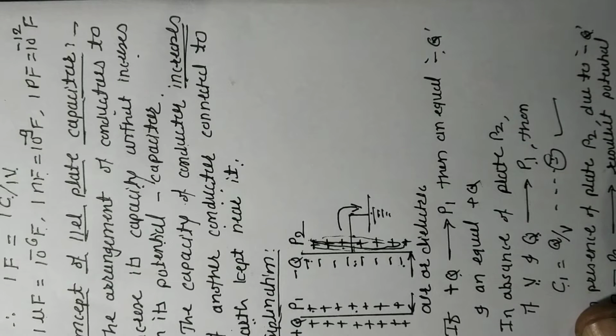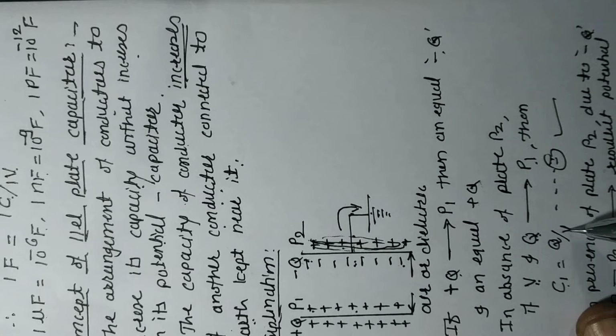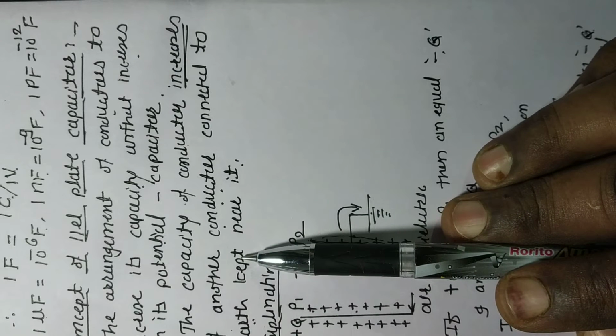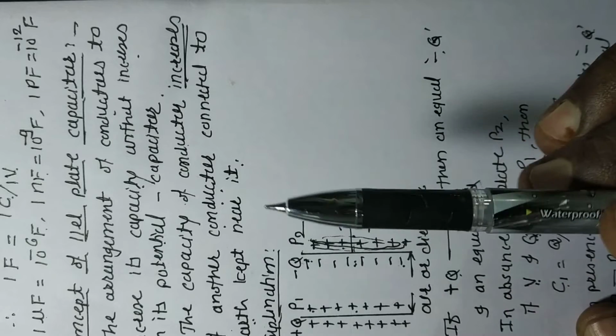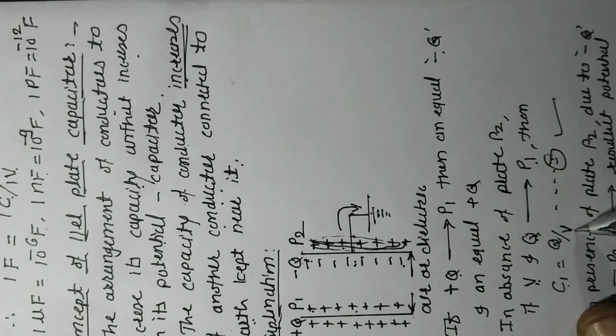बघा या दोन इक्वेशन मध्ये काय सांगितलं, जर ही प्लेट नसेल तर फक्त याचंच पोटेन्शियल तयार होतं. In absence of plate P2, only potential on plate P1 is considered.